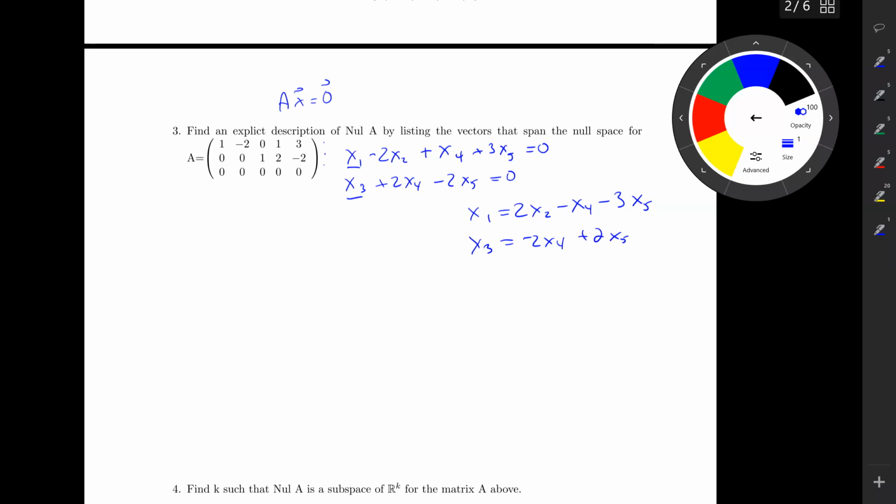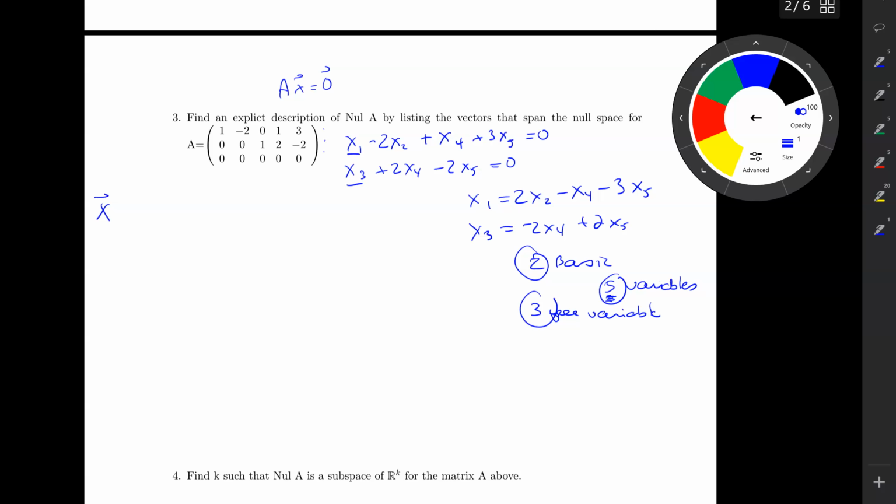Since I only have two basic variables, and I can see that there's 5 variables, how many free variables must there be? I have to have this many total, so there must be 3 free variables, because 2 and 3 give me 5. Okay, so let's start doing it.